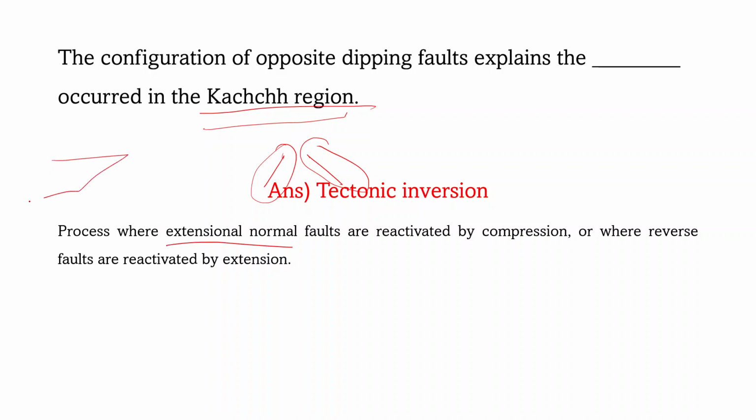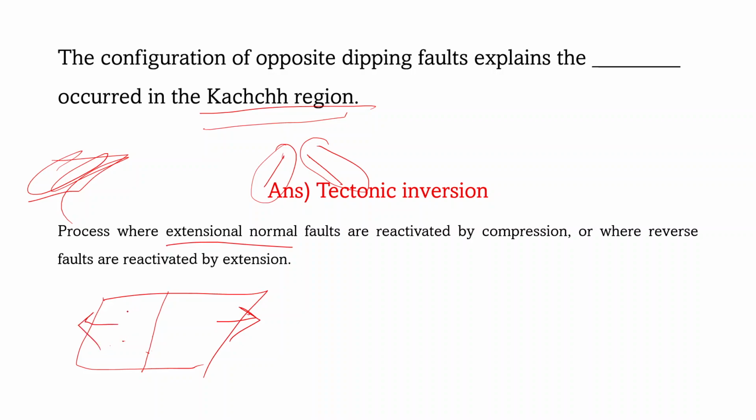When you have a single plate like this, it has a weak zone over here. This part of the plate is moving in this direction, and this part is moving in this direction. So extension is happening, and when that extension happens, you have such structures which basically depict normal faults. Because of normal faults only, this structure is formed.